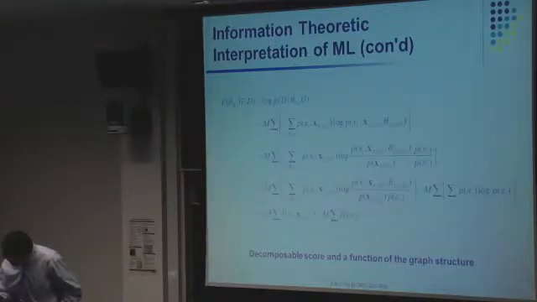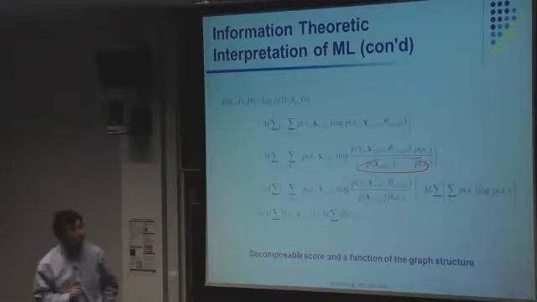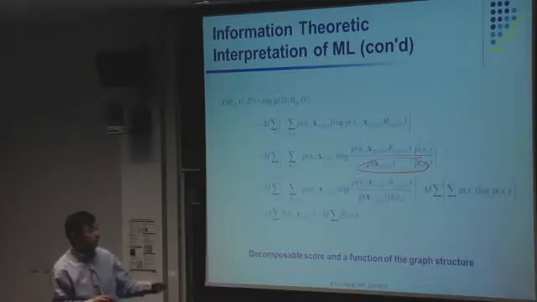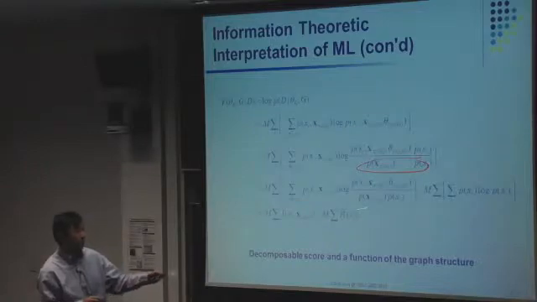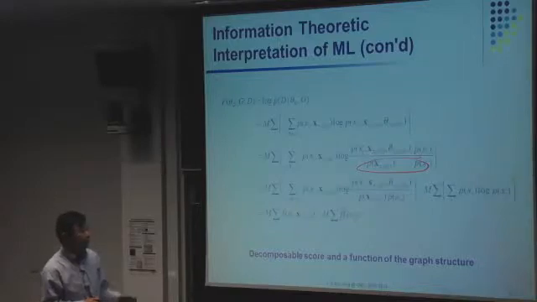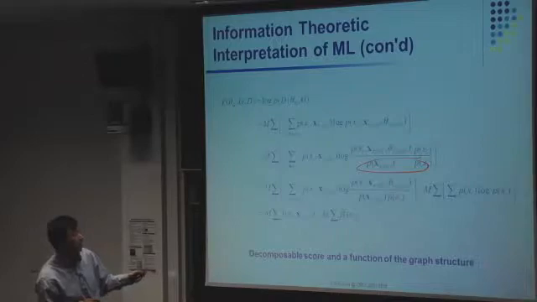So if you bring this part together, and without going through the definition of the mutual information, this part can be written together, and they define the empirical estimation of the mutual information between a node and their parent. And the residual, what is left, is this part and that part.